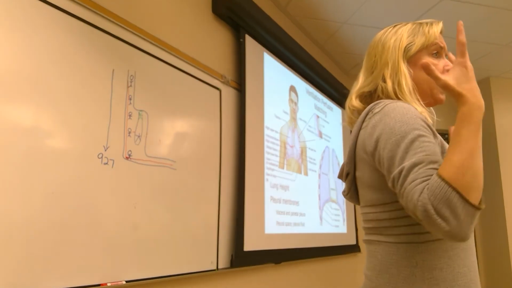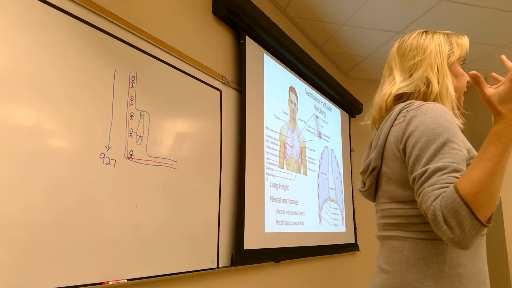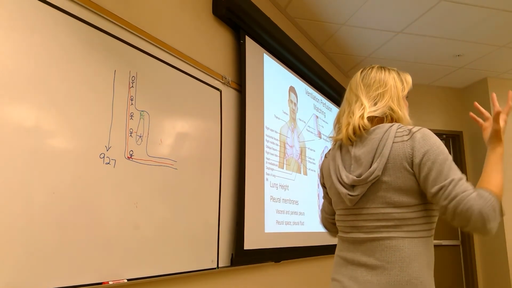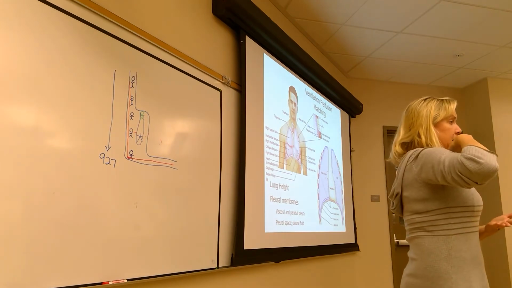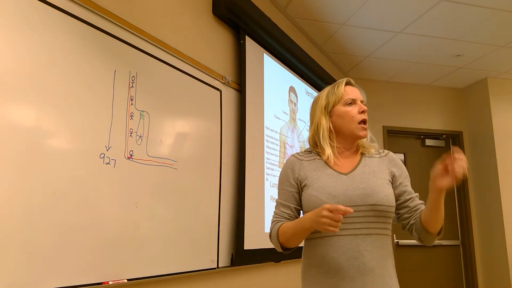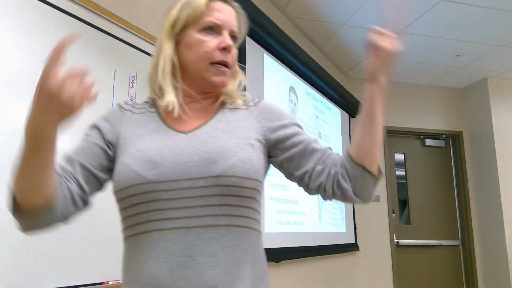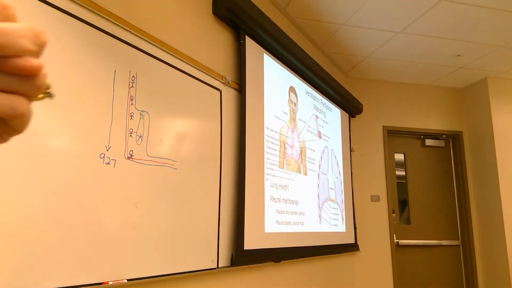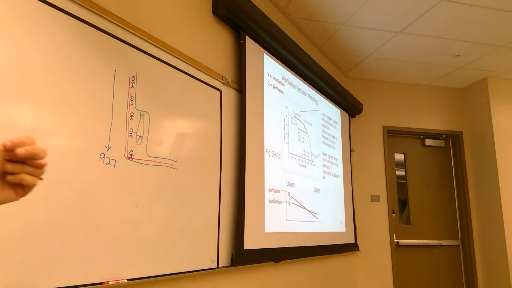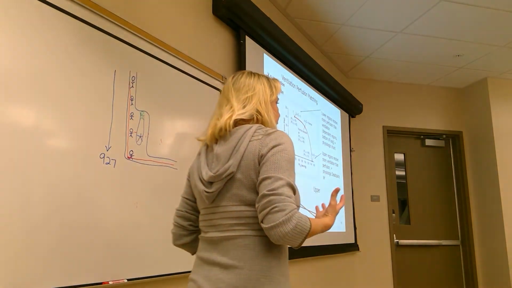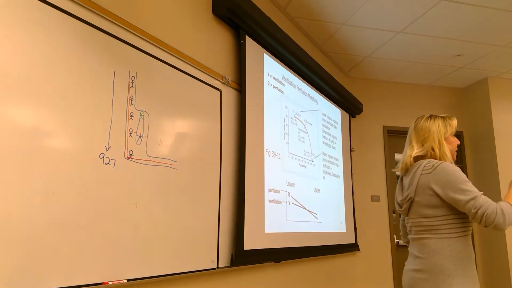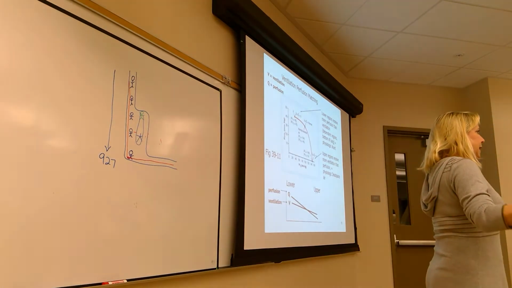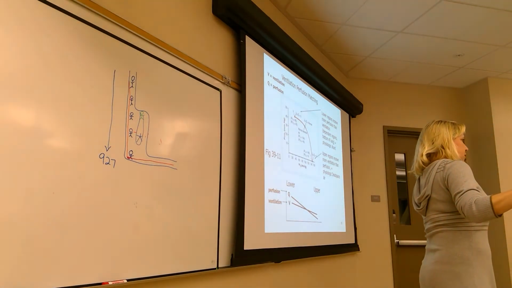Most of the time, we're sitting upright, standing. We have gravity, and the lungs have height. Now we're talking about blood and air getting into our lungs. Because the lungs have height, and we deal with gravity, and air and blood have different densities, we're going to get a perfusion ventilation mismatch.